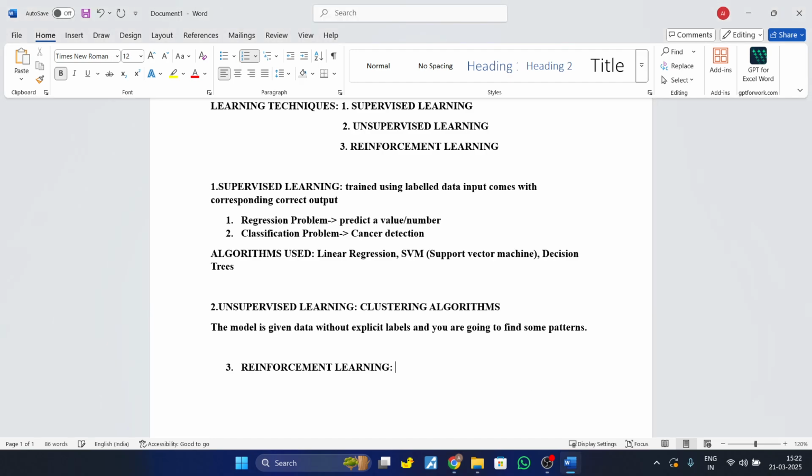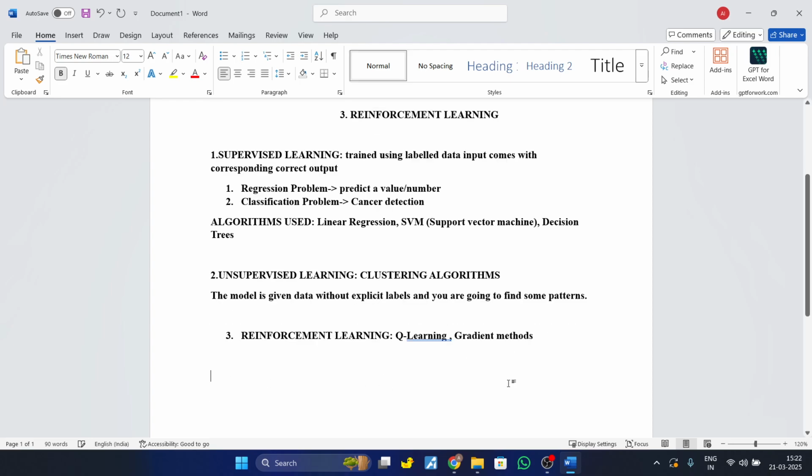Some algorithms that we use are Q-learning based algorithms, Q-learning, and some gradient methods. Basically these are the algorithms we'll be making use of in reinforcement learning.